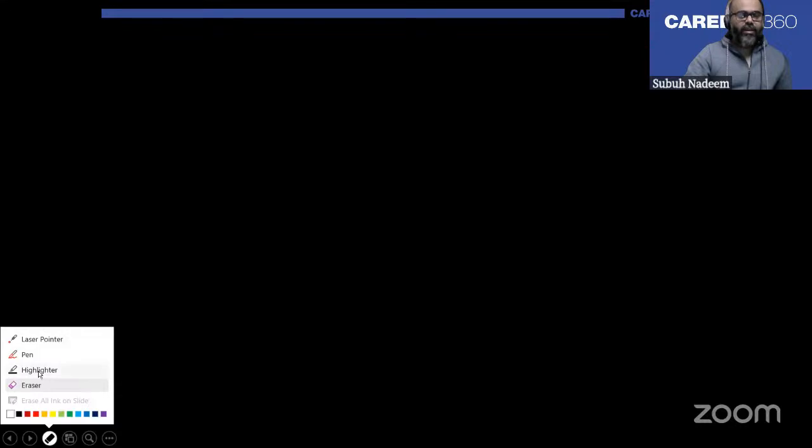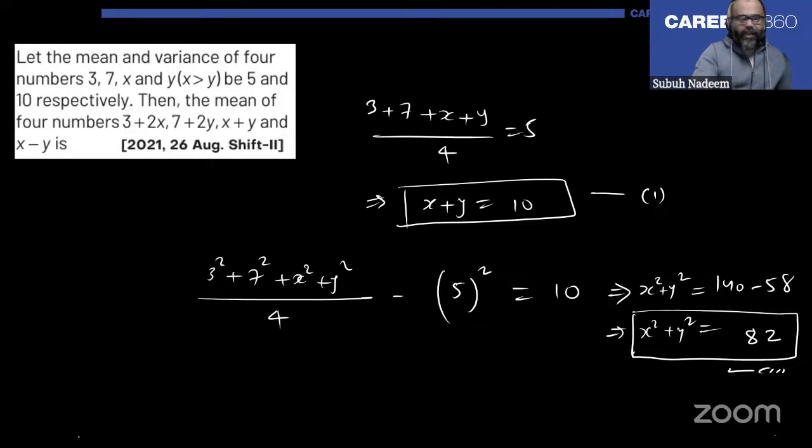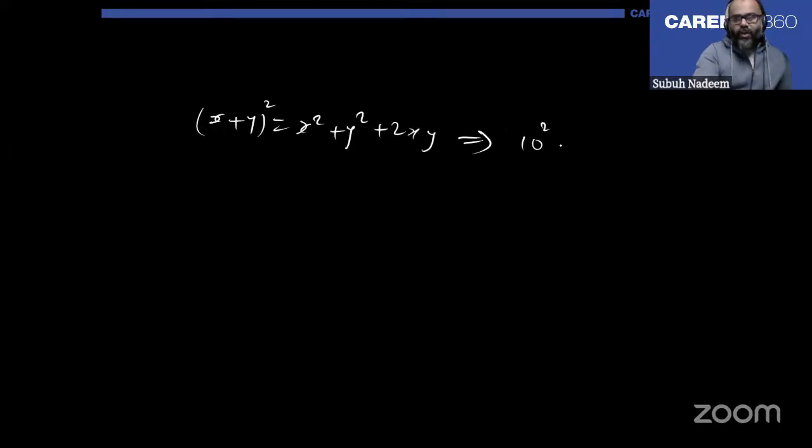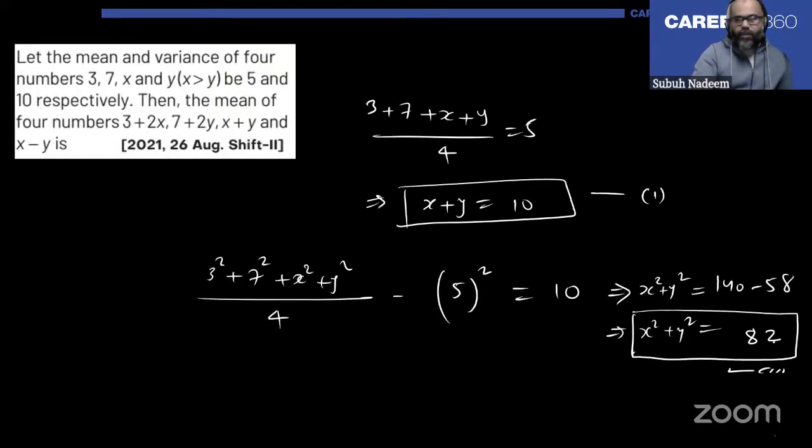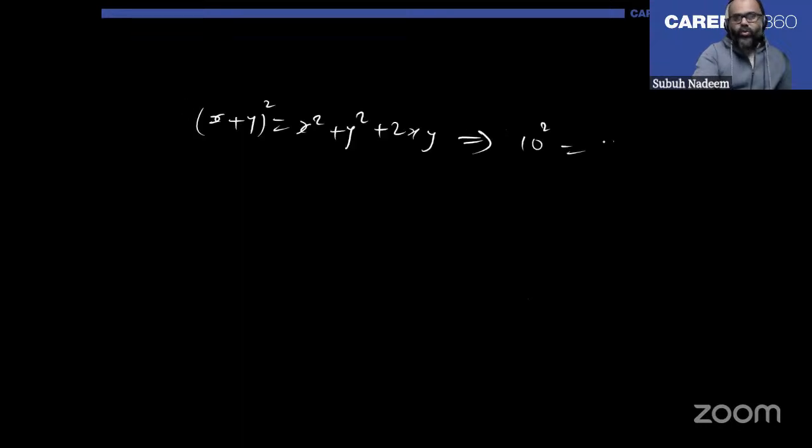We apply this identity, that x plus y whole square is equal to x square plus y square plus 2xy. Now what is x plus y? It is 10. So it is 10 square. And what is x square plus y square? It is 82. So it is 82 plus 2xy.